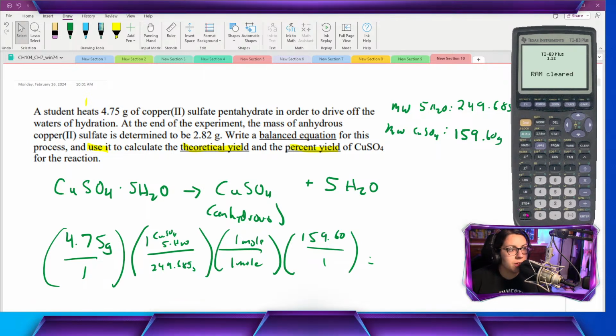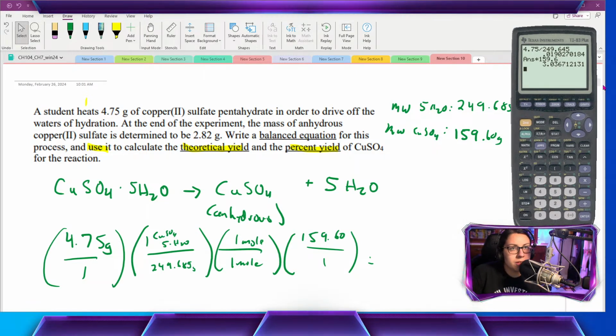So I'm going to go ahead and punch that in. 4.75 divided by 249.645. So we get that number, 1-to-1 mole ratio, and then times 159.6.